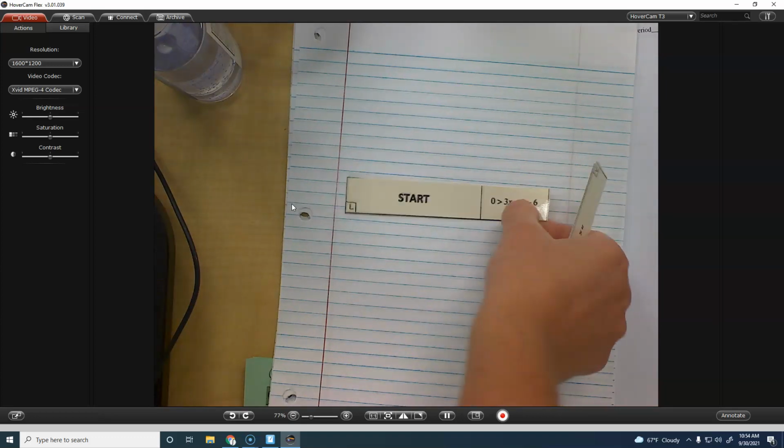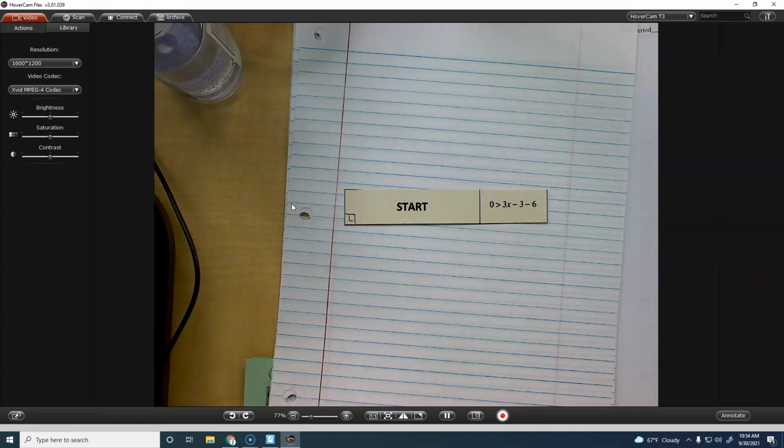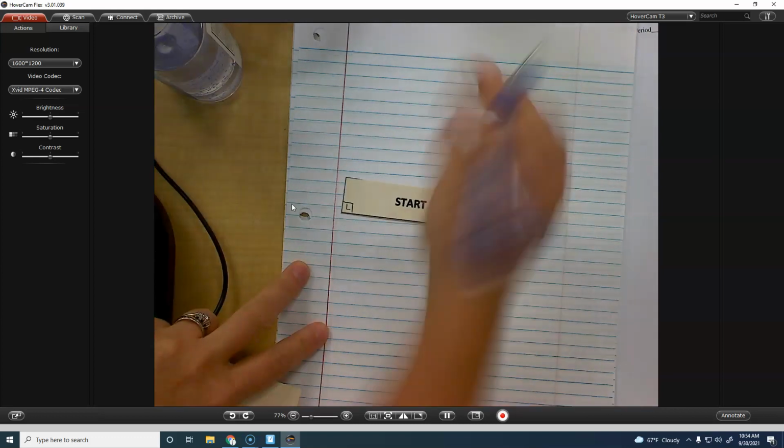Here, let me. This looks all right. They're all the same, so you can all just go ahead and get out a paper, and we'll do the first one together to make sure we're on the same page. Okay? All right. So this is what your paper is going to look like.